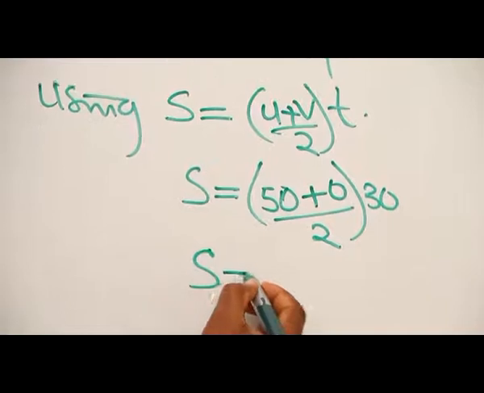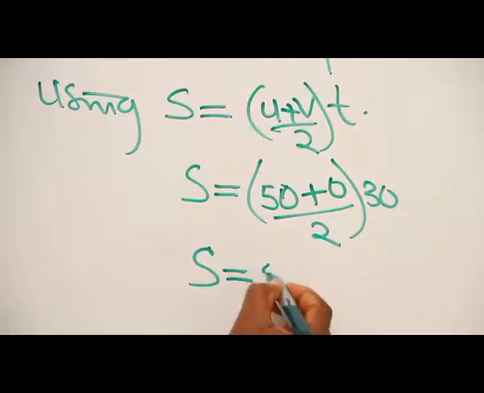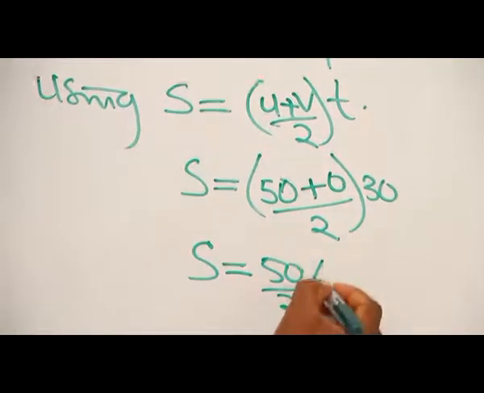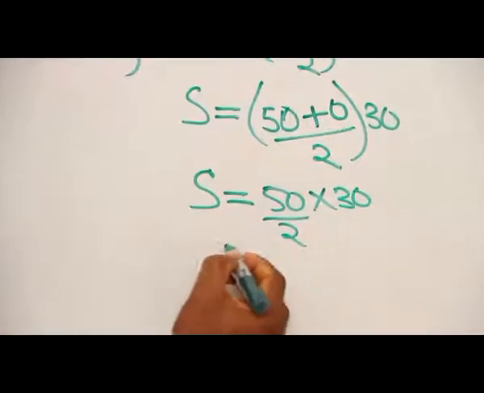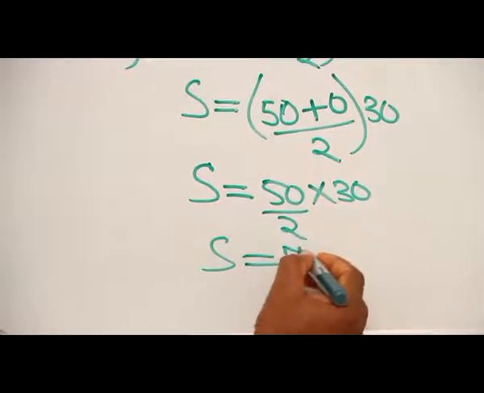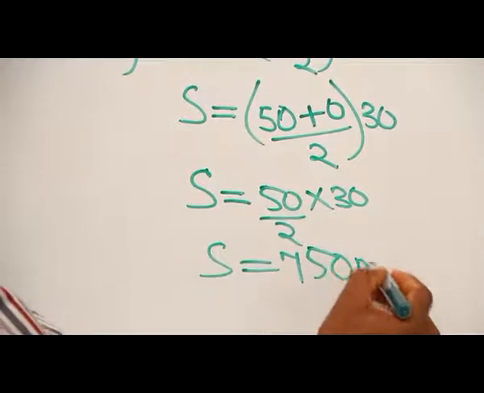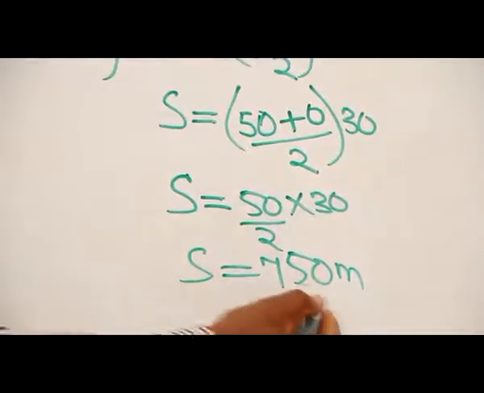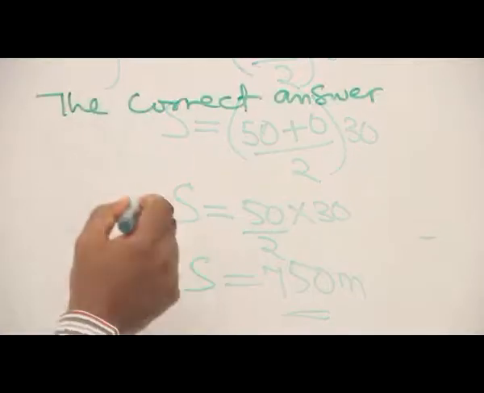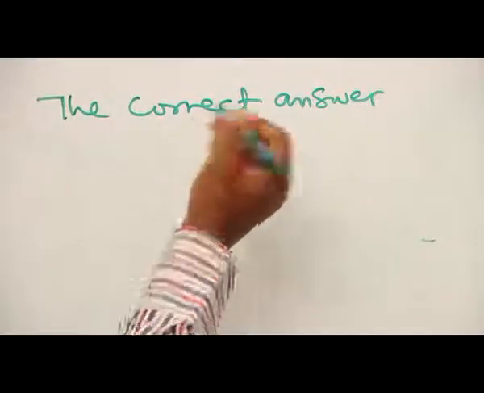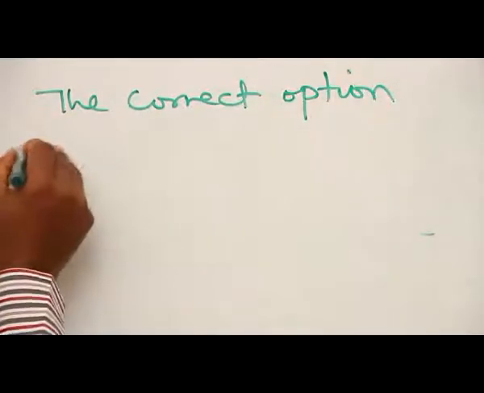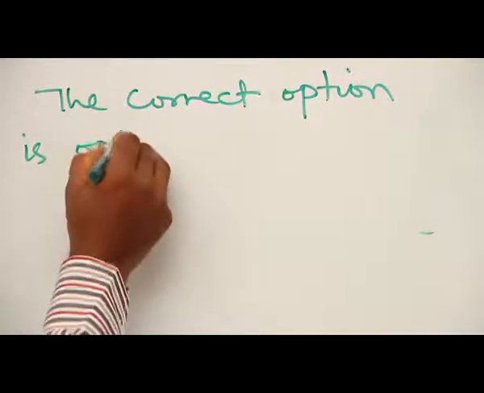The distance covered is 50 over 2 times 30. That distance is 750 meters. The correct option is option C.